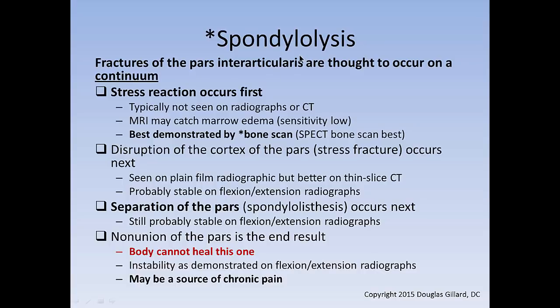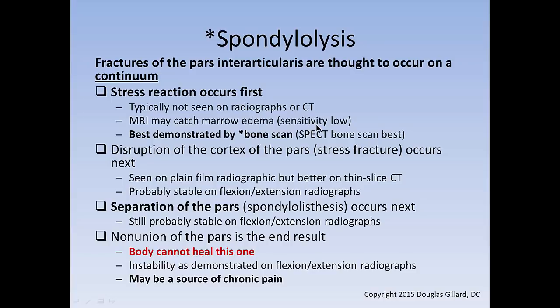So we said it's an acquired stress fracture. How does it happen? Well, there's 3 stages that you do need to know. The first step is a stress reaction. This is not seen on X-ray or even CT. Now, MRI may catch a mild patch of edema here, but low sensitivity.